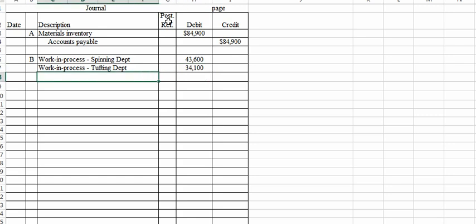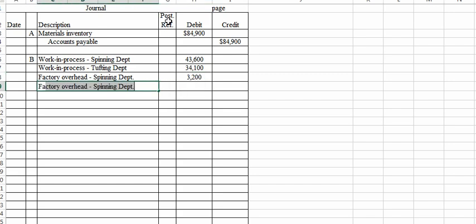And then I'm going to debit factory overhead, spinning department, for the indirect materials used in the spinning department, $3,200.